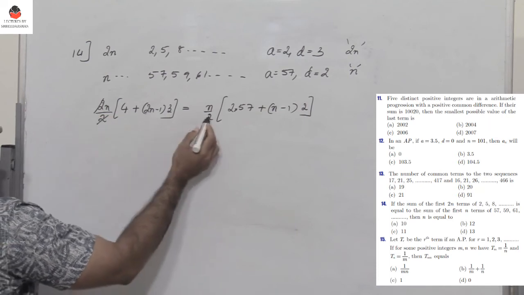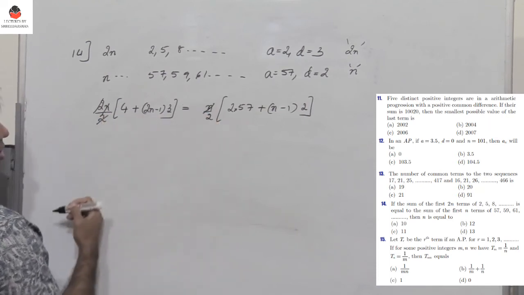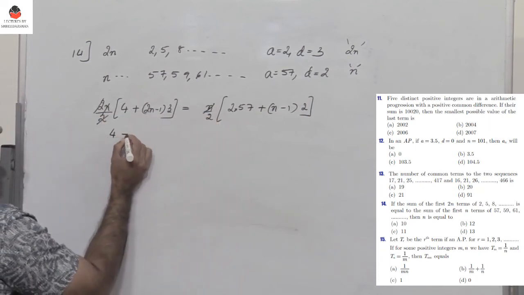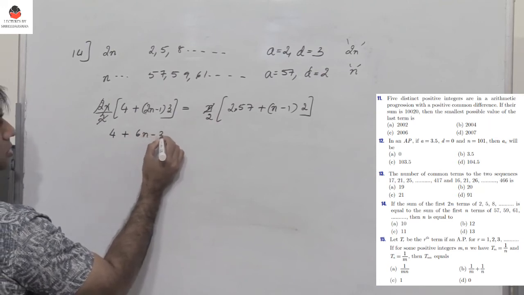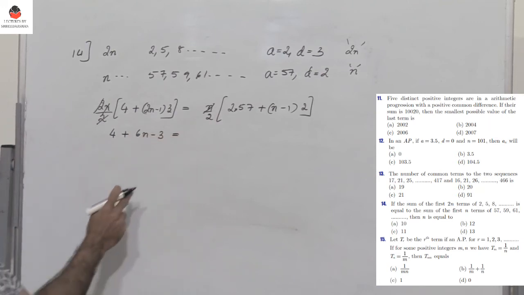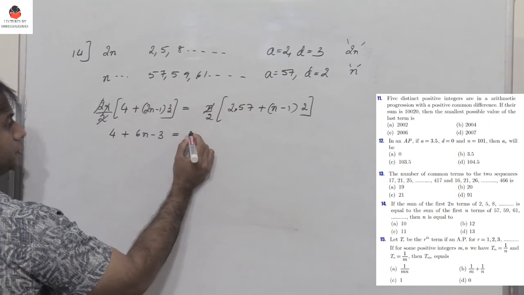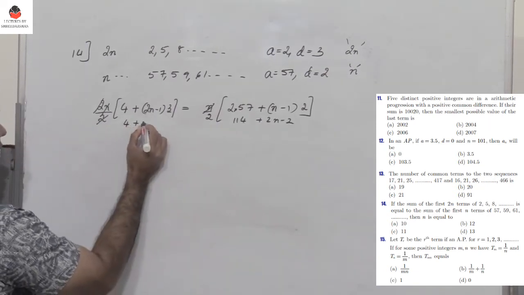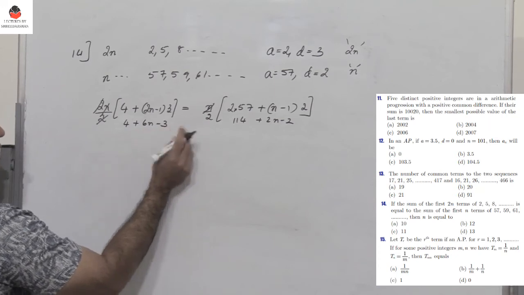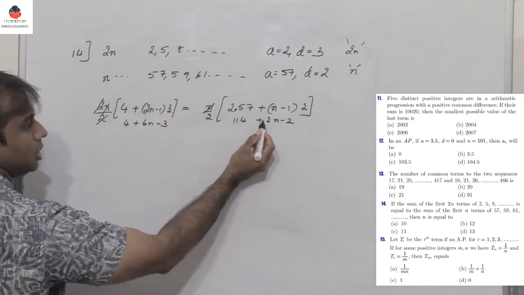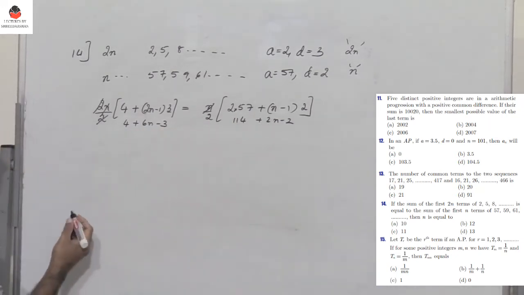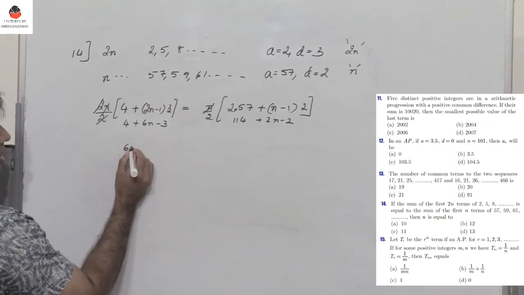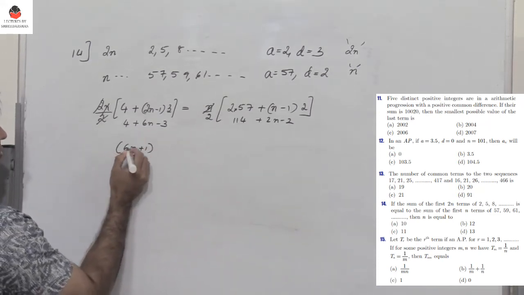So 2 gets cancelled, n gets cancelled. So you get 4 plus 6n minus 3 here. And this is equal to, here I would get 114 plus 2n minus 2. So you have 6n plus 1 into 2.